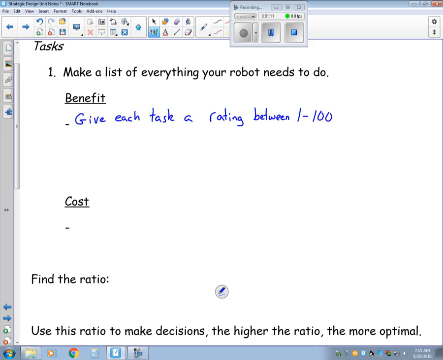And what this means, a rating of 100 is something that the robot must do. It must move. It must be able to turn, things like that. A rating of 1 is something that's not important. So that's the benefit.